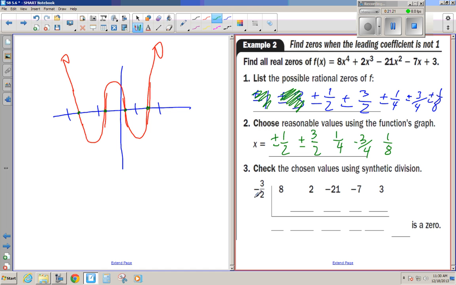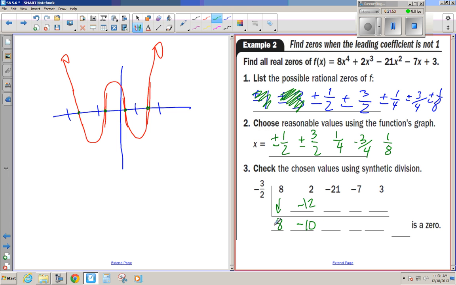And thankfully, they tell us which one to try. Says to try negative 3/2. Well, and this is where synthetic division, synthetic substitution, you may need to have your calculator. Because when you do negative 3/2 times 8, it's negative 12. Adding, you should be able to do negative 10.